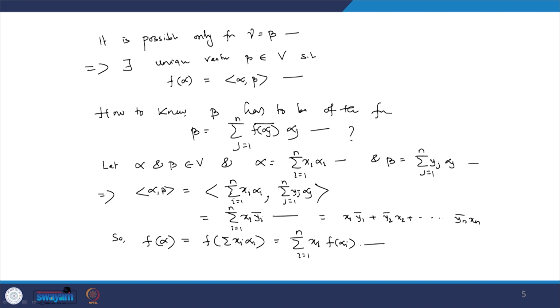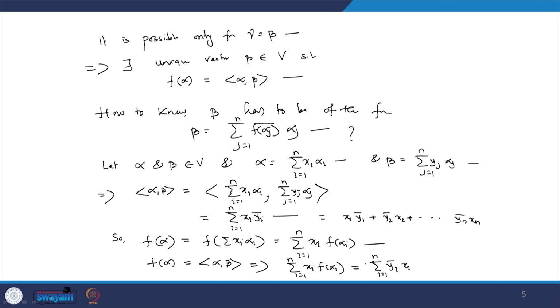So, if at all there is an element beta belonging to V such that f of alpha equal to inner product of alpha and beta, then this means sigma xi f of alpha i, i equal to 1 to n, must be equal to sigma xi yi bar, i equal to 1 to n.